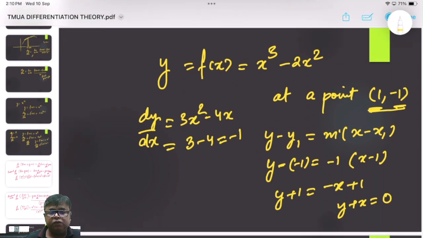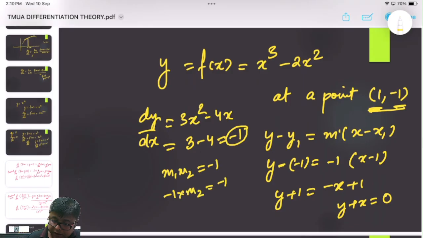But if we have to find the equation of the normal, the point remains the same. We know the property that if two lines are perpendicular, then the product of their slopes is minus 1. So m1 times m2 is minus 1. And the slope of the tangent is minus 1. So minus 1 into m2 is minus 1, so m2 becomes 1.